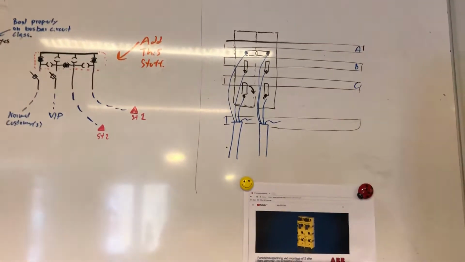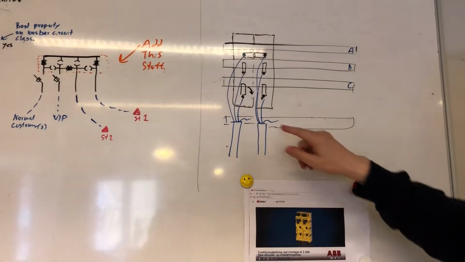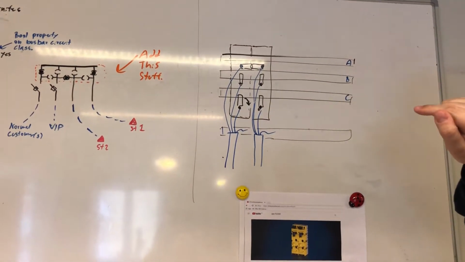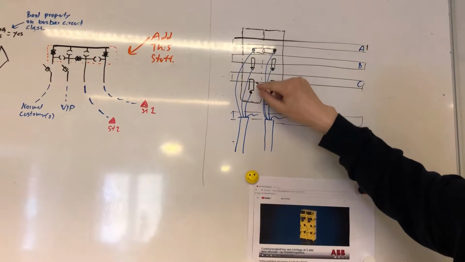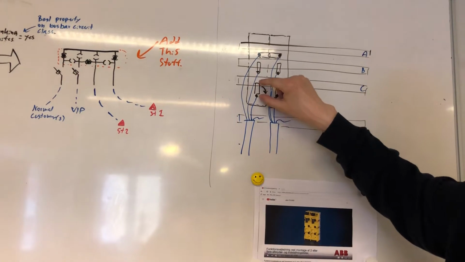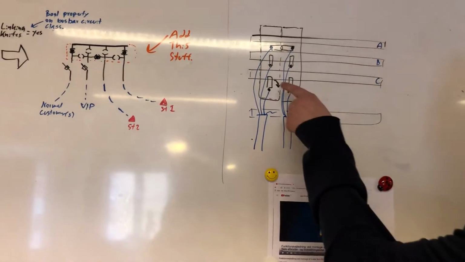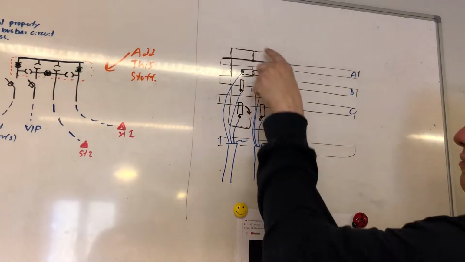What these special cabinets can do is use some equipment to decide if this phase, this cable, is connected to the bus bar, or whether it should be connected to the neighbor bay.